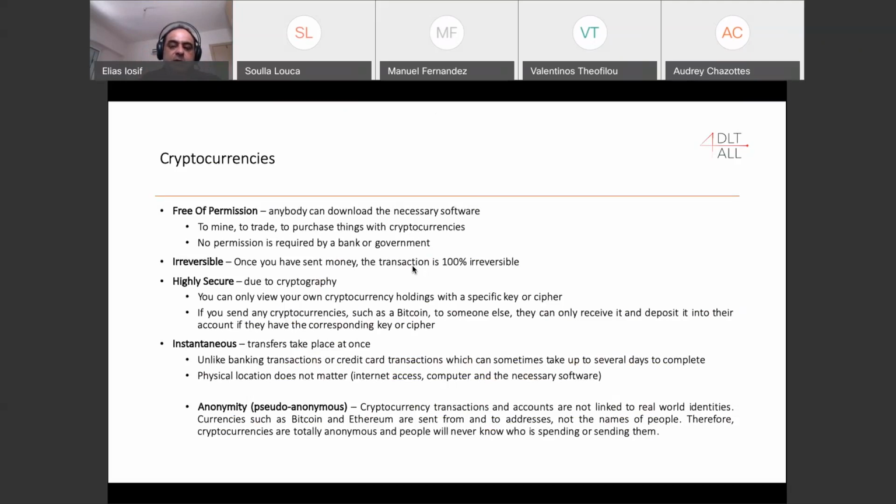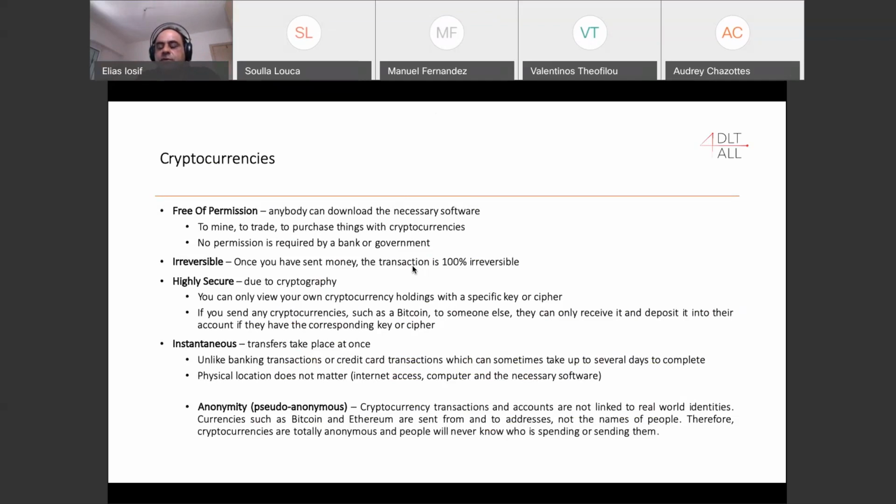Anybody can download the software and conduct such transactions. They are irreversible, highly secure, instantaneous. Of course, let me clarify that the time required for a transaction to complete and clear depends on the blockchain used.